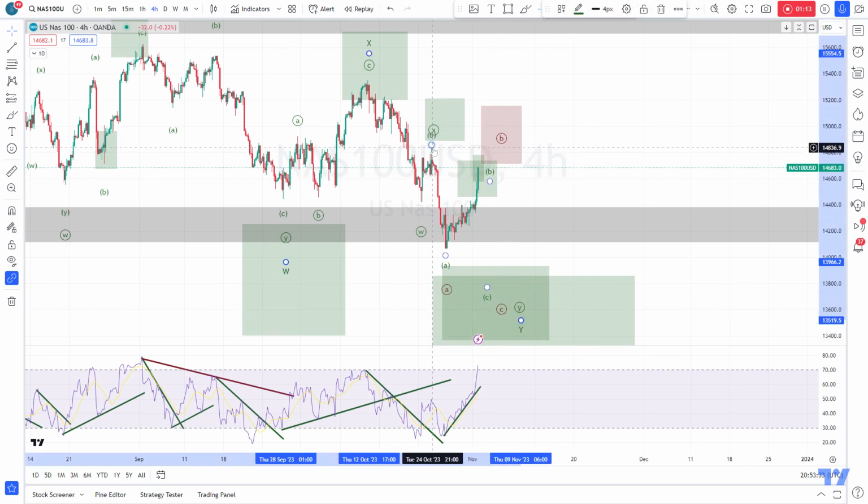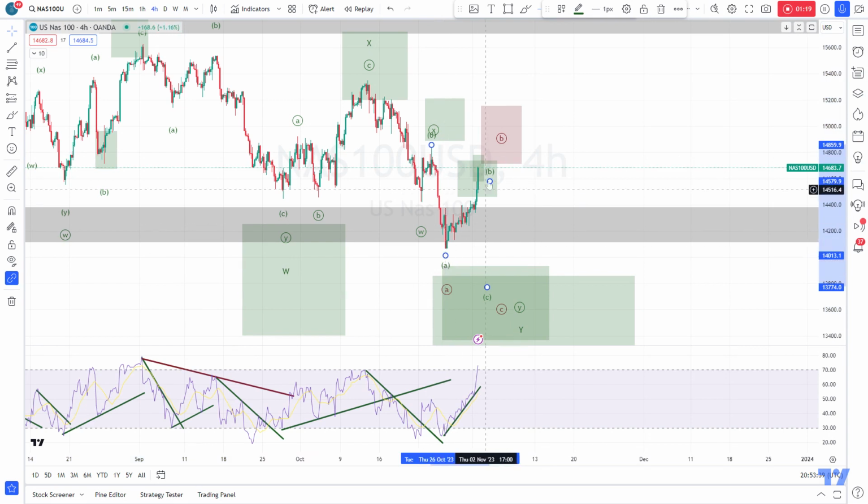And this could unfold as an A, B, C, where we had our wave A right here. We are now doing our wave B and then a wave C down.